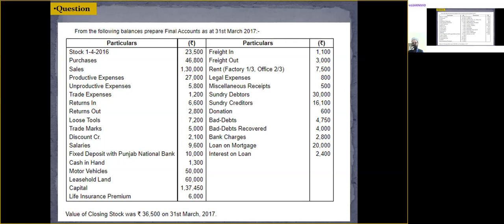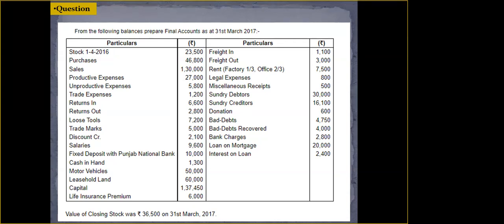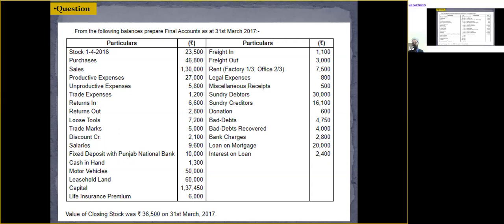Whatever expenses are paid for personal use are considered drawings for the business. Is that clear, Alexander, Hamad? Yes, sir. So because life insurance premium is not a business related expense, we won't write it in the profit and loss account.